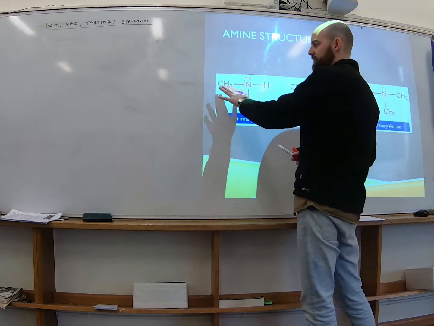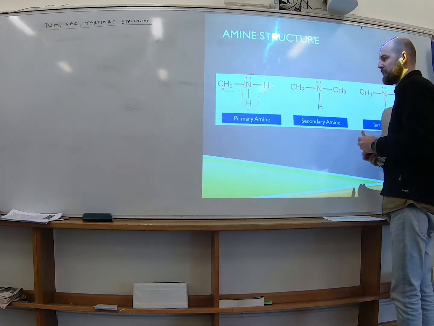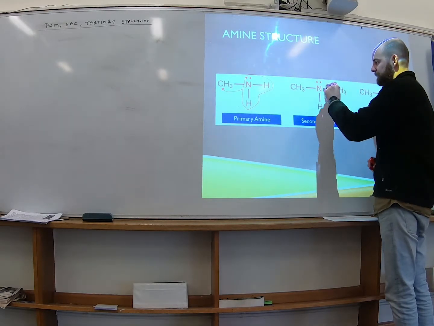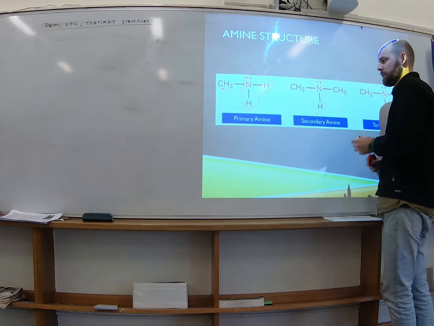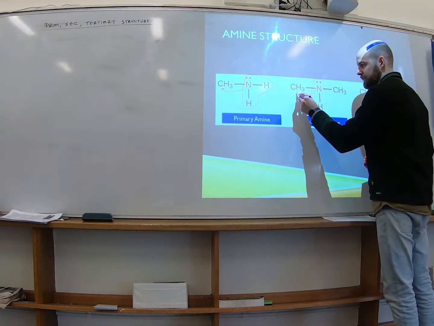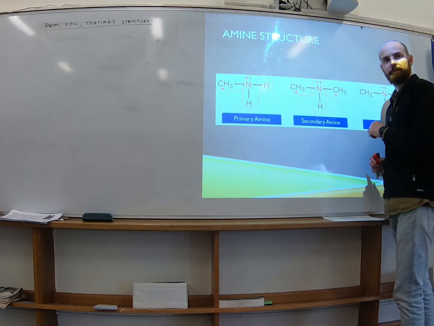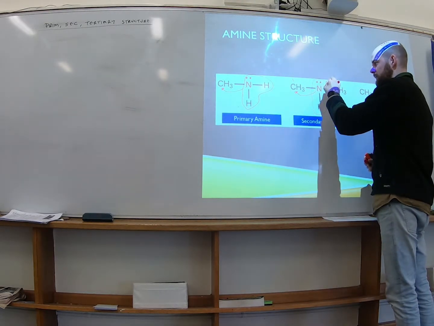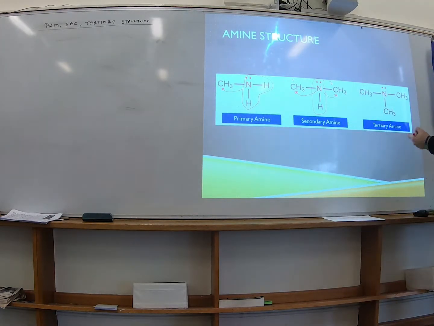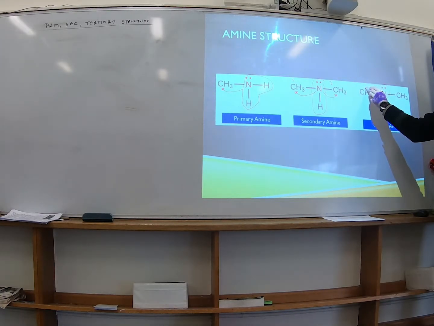It's got 3 hydrogens attached to it, no other carbons. Our amine group on this one is here, and what you look at for a secondary is it is attached to 2 carbons. 1, 2. And for a tertiary amine, that's all we've got left. 1, 2, 3.